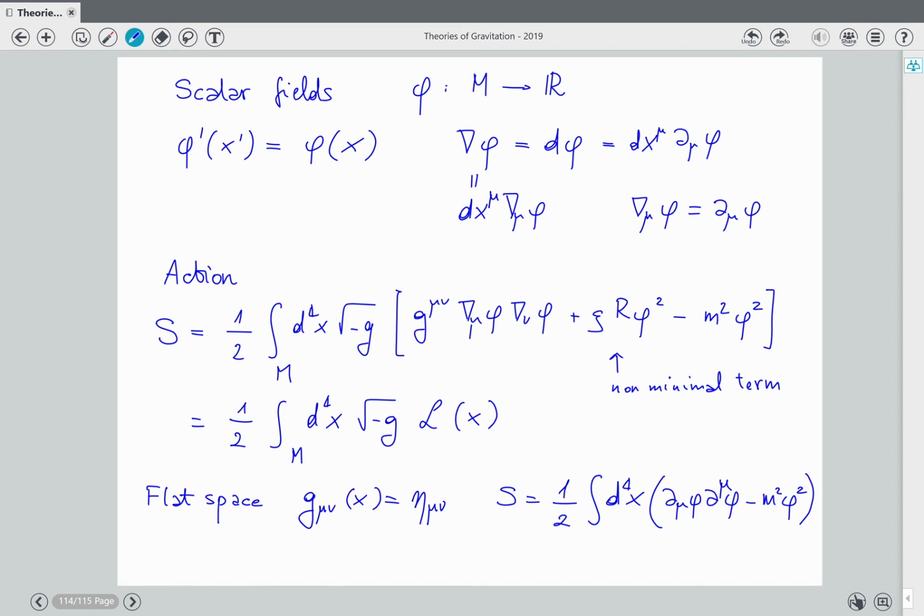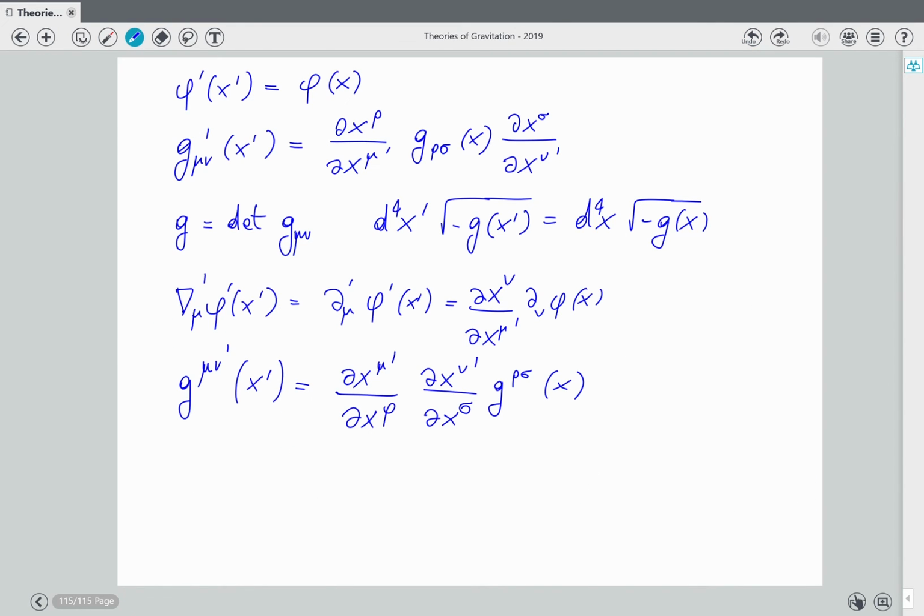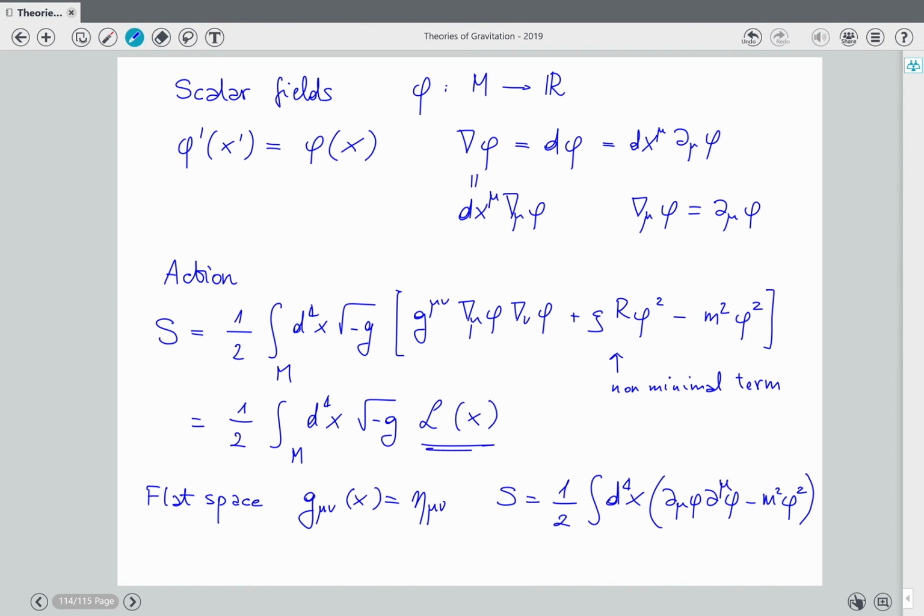And by the way, R, the scalar curvature, is a scalar, and so also L, the entire squared bracket here, is a scalar.